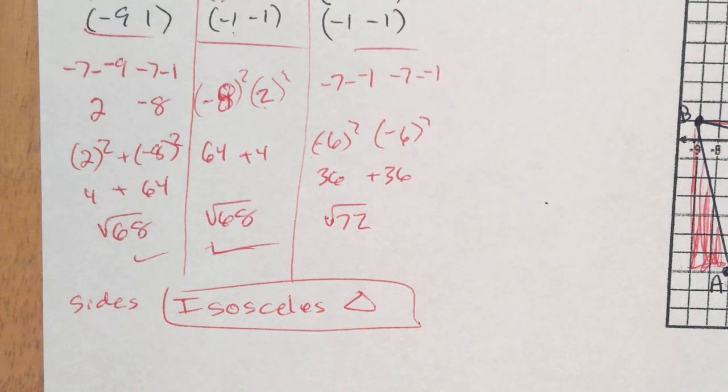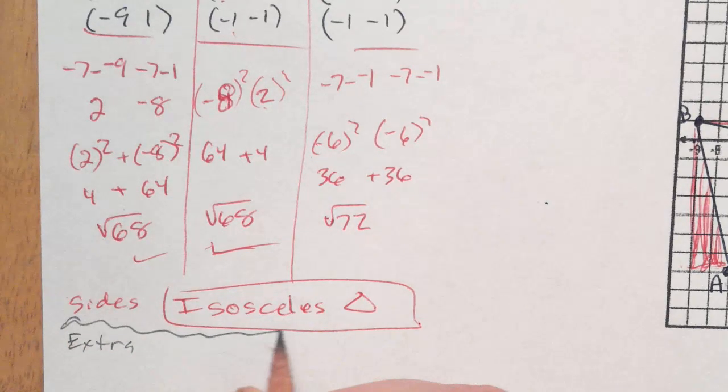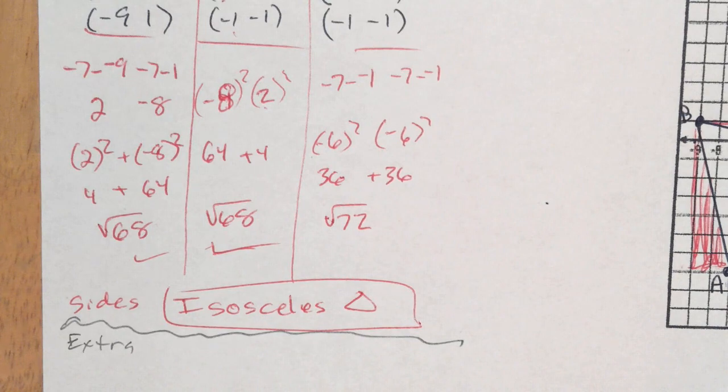Okay, now what if we went a step further? So this is a little extra piece. We're just doing something a little extra. What if I said classify by the angles?